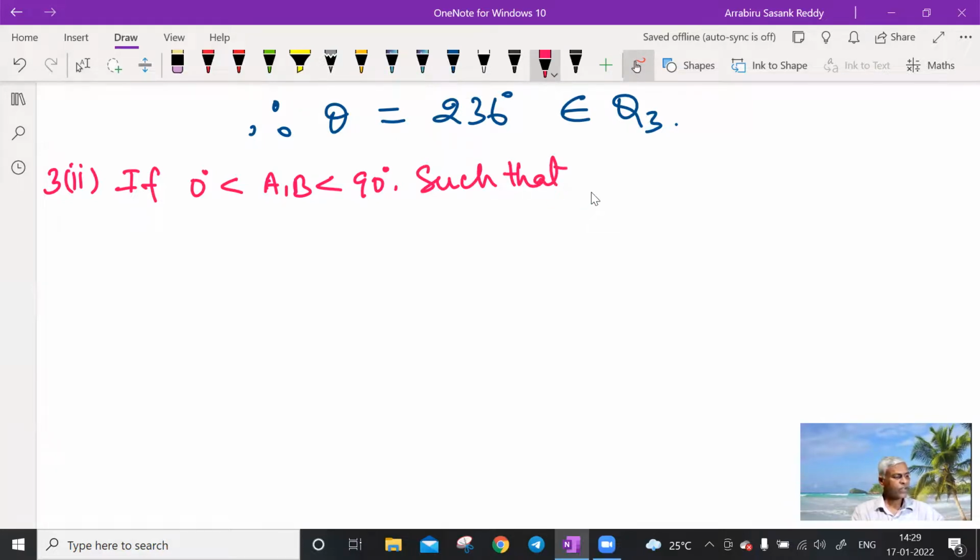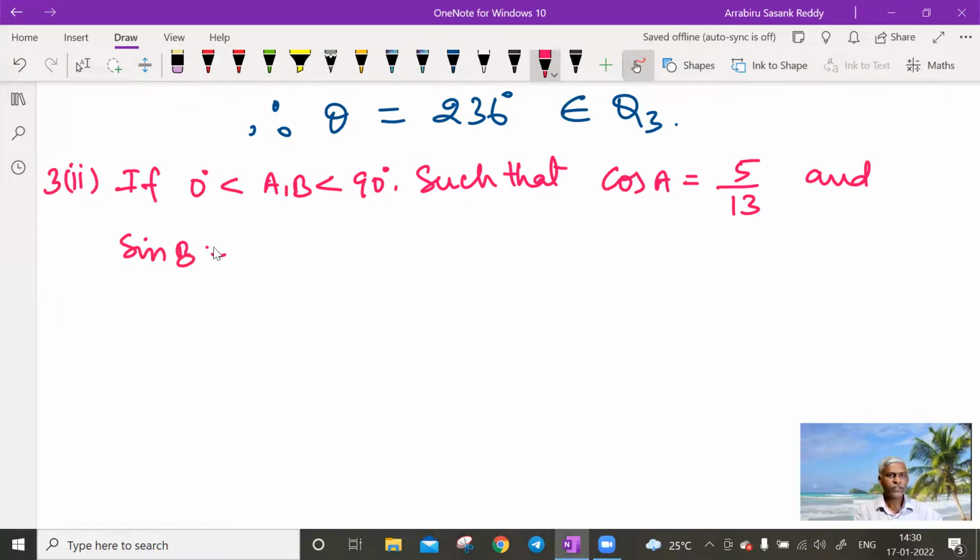cos A is equal to 5/13 and sin B is equal to 4/5.